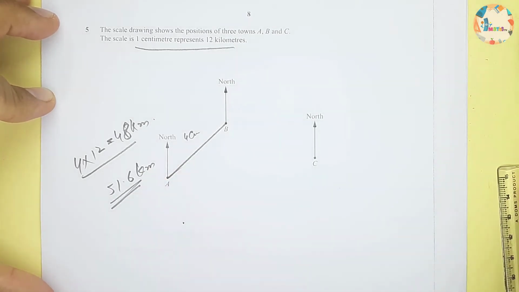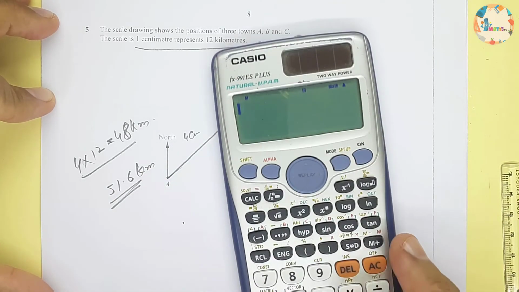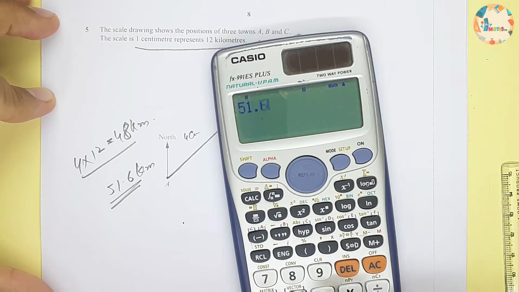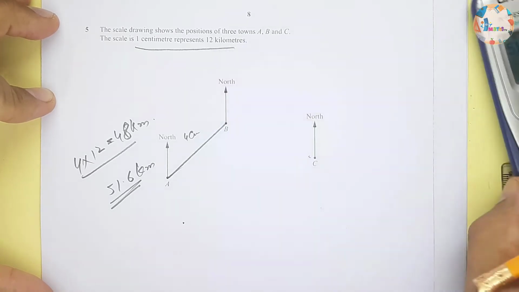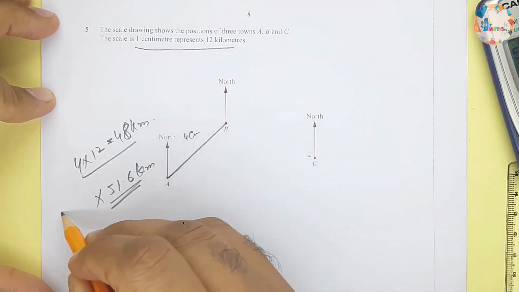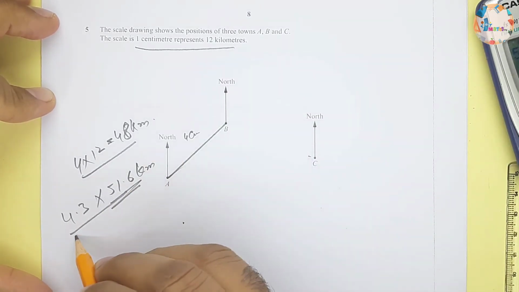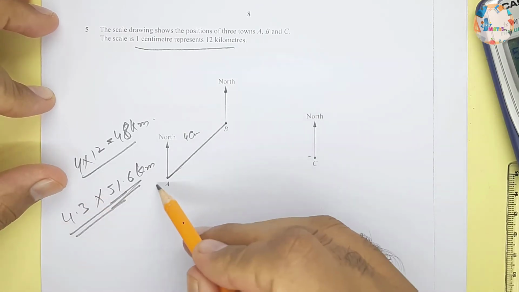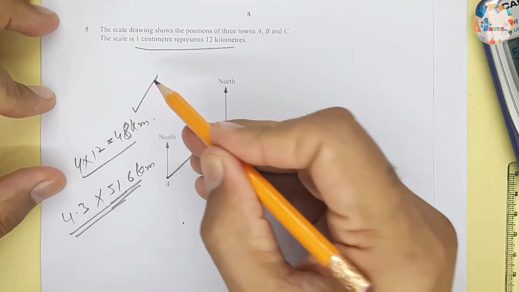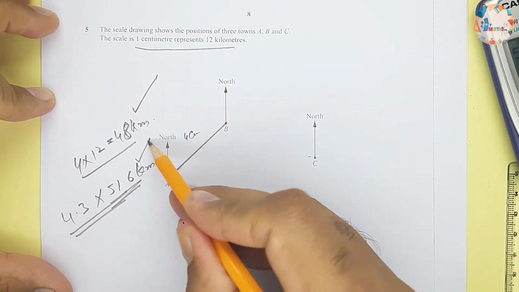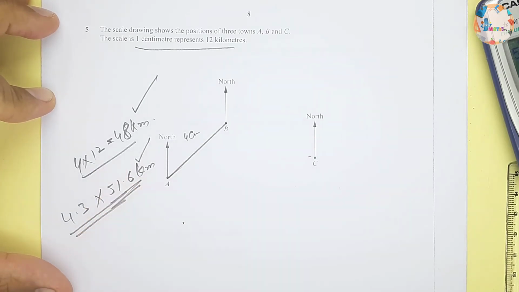So it means they have taken this measurement as 51.6 divided by 12, which means their measurement was 4.3. So this is what I was telling you, that this measurement is different. So this drawing calculation is this one and the marking scheme calculation is this one. So I have explained both the calculations.